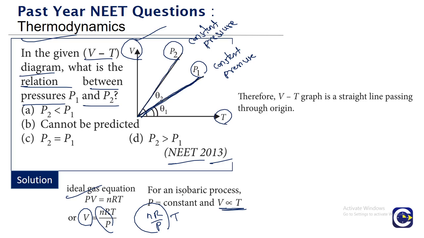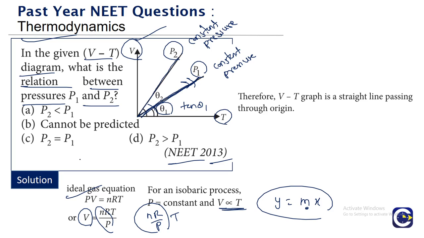Now we have to comment on the relation between P1 and P2. A straight line passing through the origin is like the equation y equal to mx, where m is the slope. Slope here is given by tan theta for any straight line. For the first one, tan theta 1, for the second one, tan theta 2.